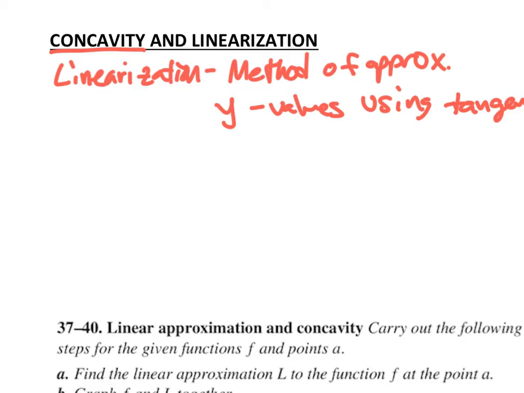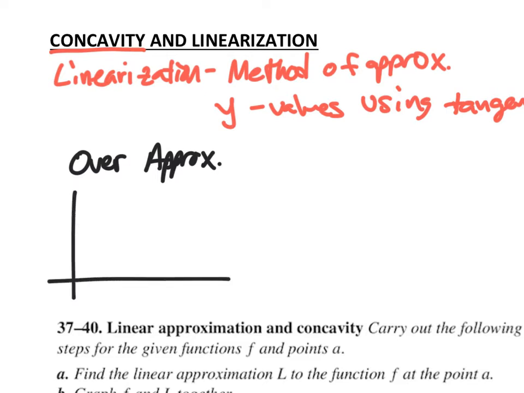Here's what we've got. We have a situation where we have an over approximation. Let me draw you an example. Let me draw something that is concave down. If I put a point on that graph and draw my tangent line, all of the values on my tangent line are going to be above my function values.